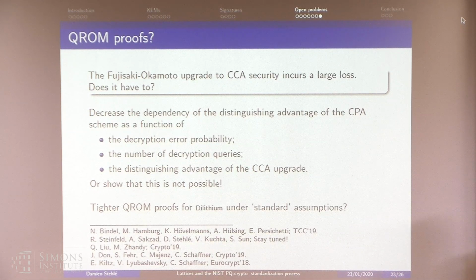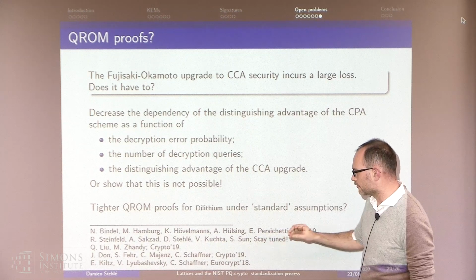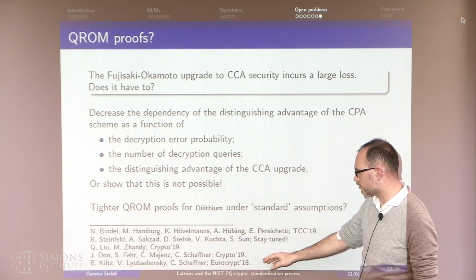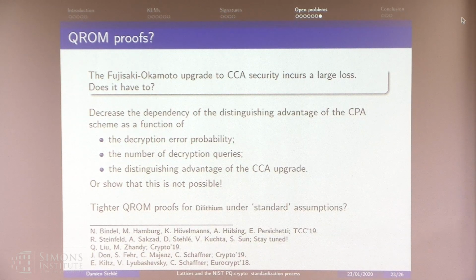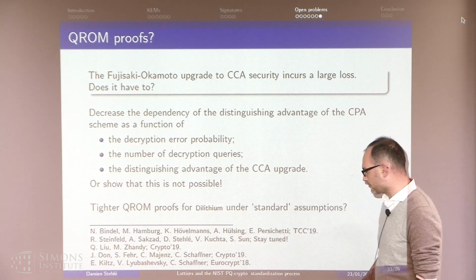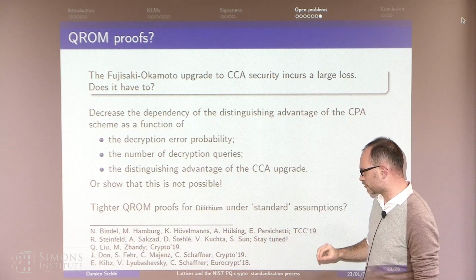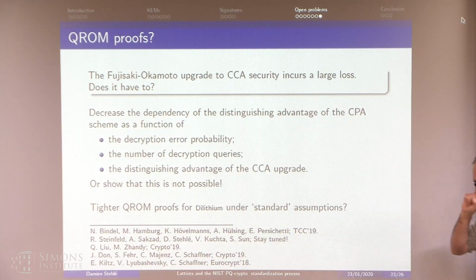Let me mention three recent works on this. In one work by Kiltz, Lyubashevsky, and Schaffner, they introduced a new assumption so that they have a nice QROM proof under this new assumption, but it's somewhat artificial. Then there is a paper from Crypto last year that has a somewhat good proof, but under an assumption which is not fully proven.